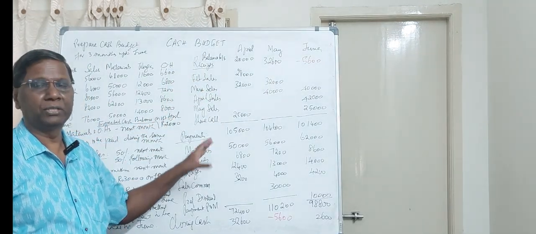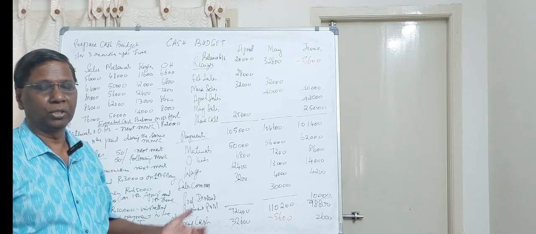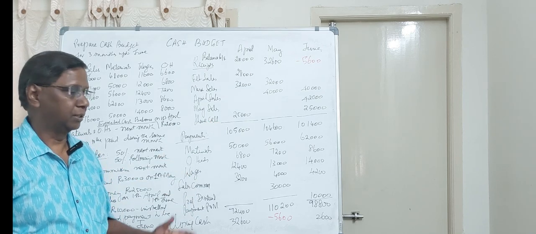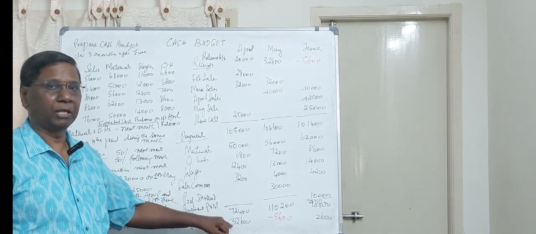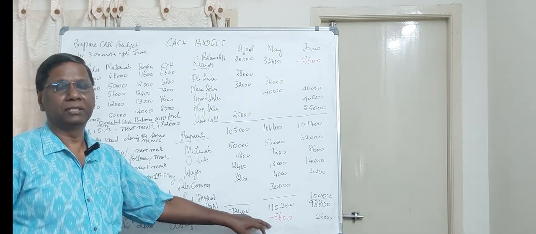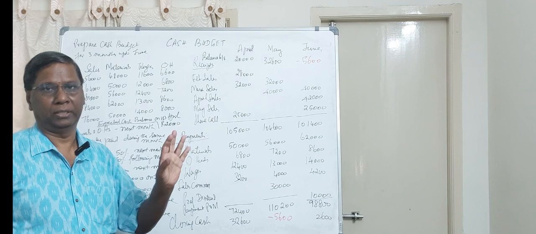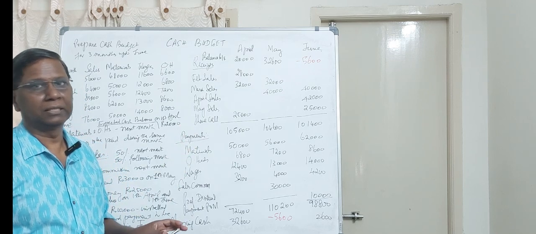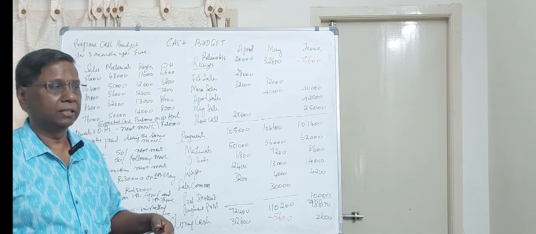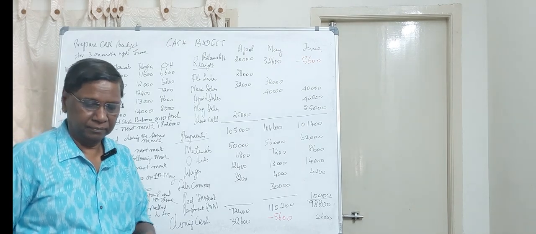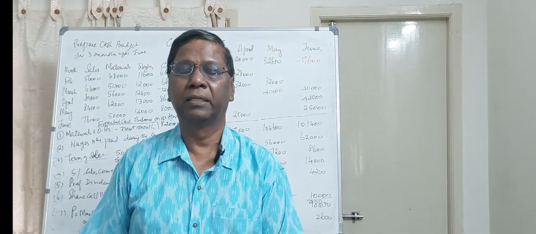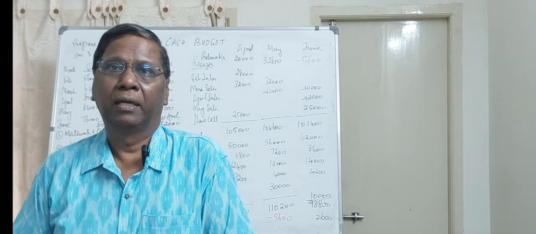You can simply follow this and work out the cash budget, and know when the surplus is coming, when the deficit is coming, and how to manage it. You have to read the terms and conditions carefully.